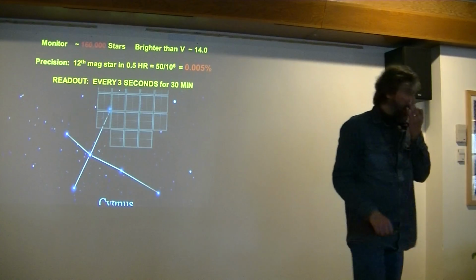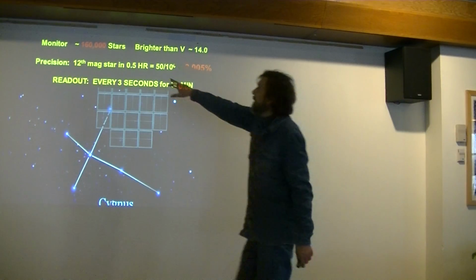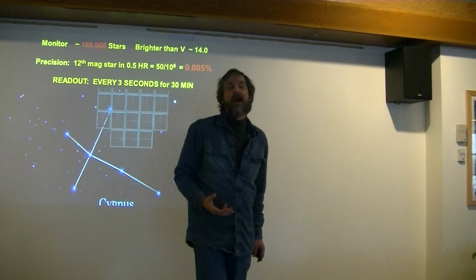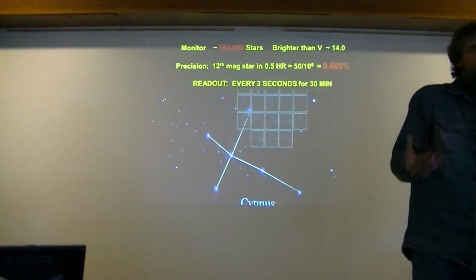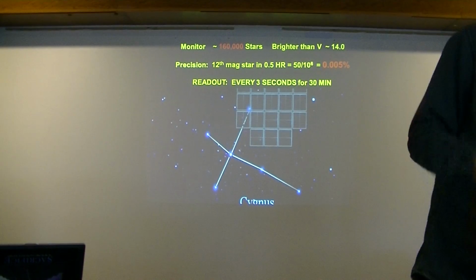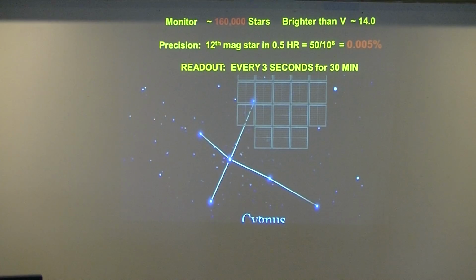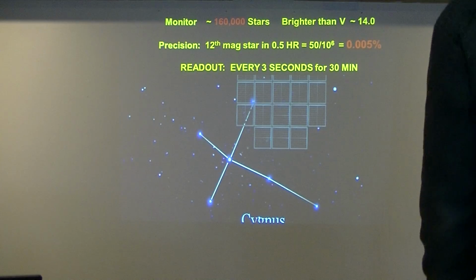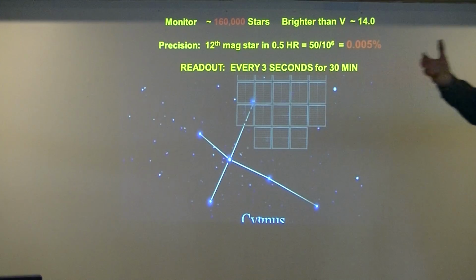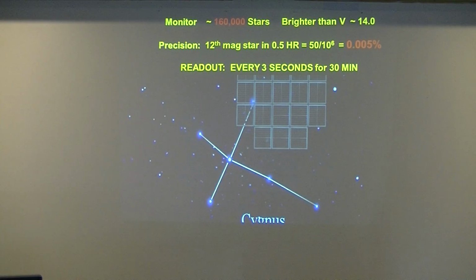How many stars are we talking about? You're measuring the brightness of 160,000 stars. Not 5, not 200, 160,000, non-stop for 5 years, every 3 seconds. That's a lot of data. But the beauty of it is, because you have so much data, you can get really good precision photometry.